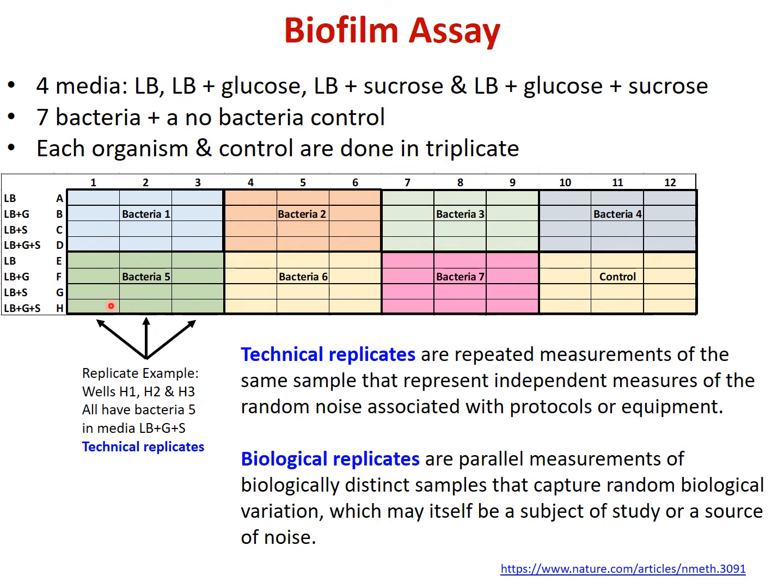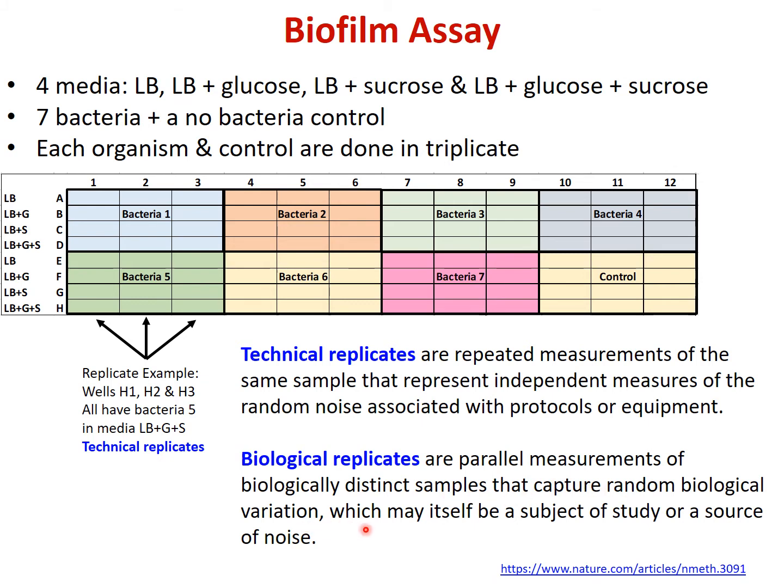Now this is different from biological replicates. So if we did this same organism 5 here, but we repeated this block more times with just organism 5, and each time the starting material for the organism comes from a separate colony, well, now those are going to be biological replicates.